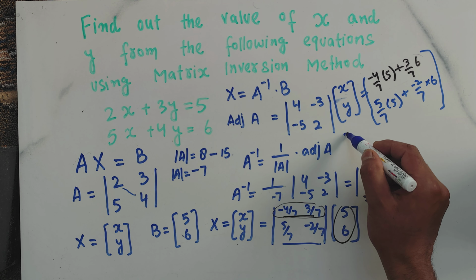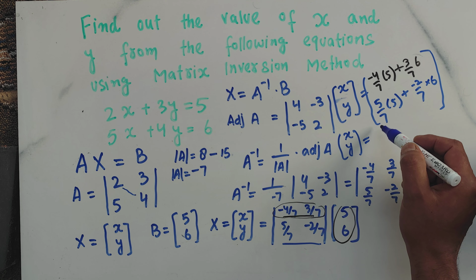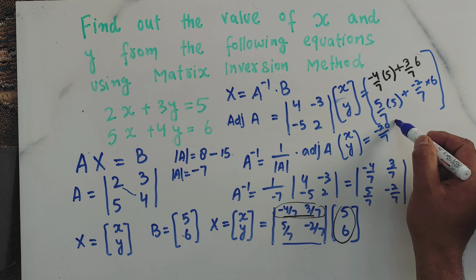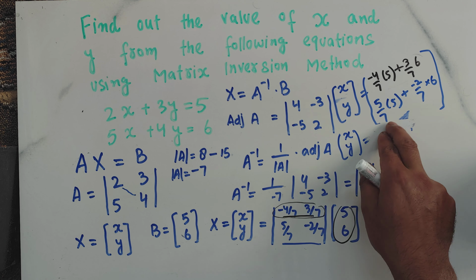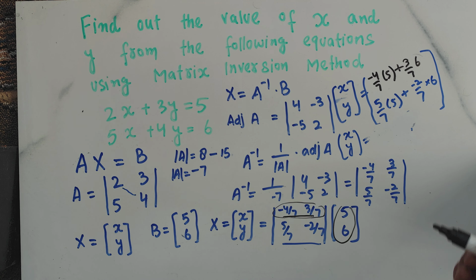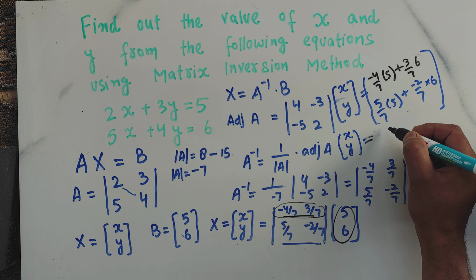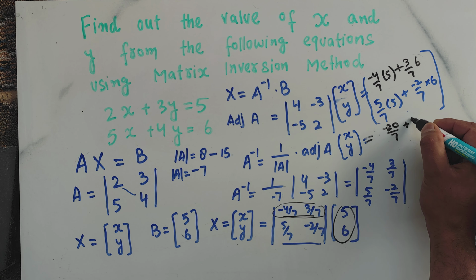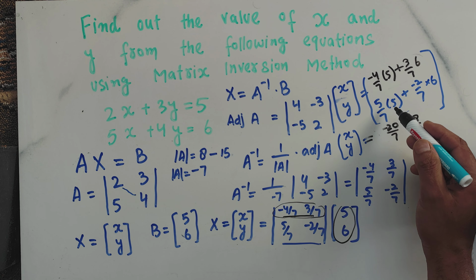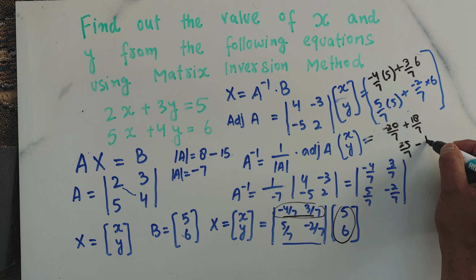So x, y will be equal to, 4 fives are 20, we get negative 20 upon 7 plus 6 threes are 18 upon 7, and another is 5 fives are 25 upon 7, then negative 12 upon 7.